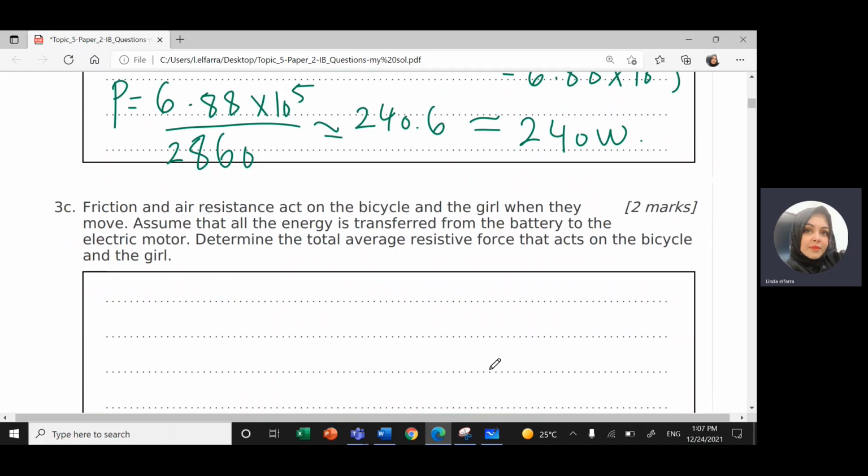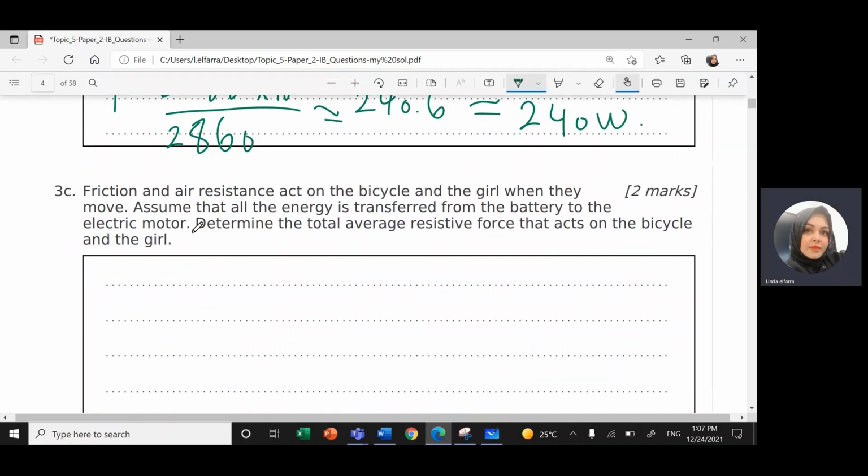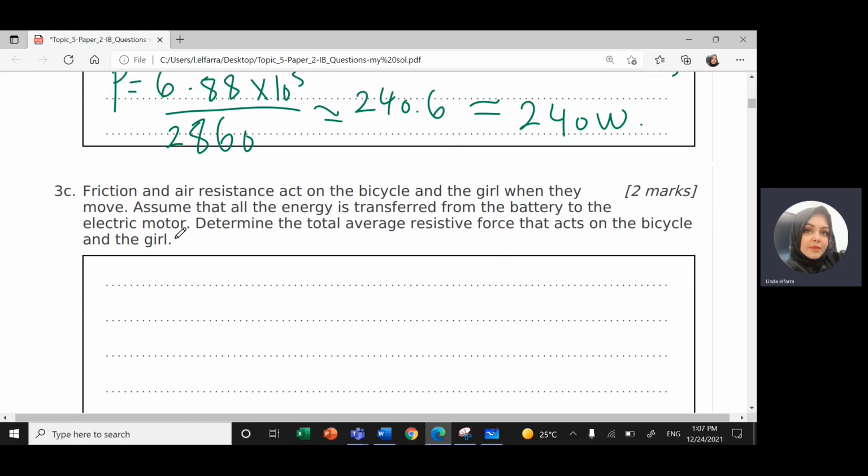Now, we have friction and air resistance acting on the bicycle and the girl when they move. Assume that the energy is transferred from the battery to the electric motor. Deduce the total resistive force that acts on the bicycle and the girl.